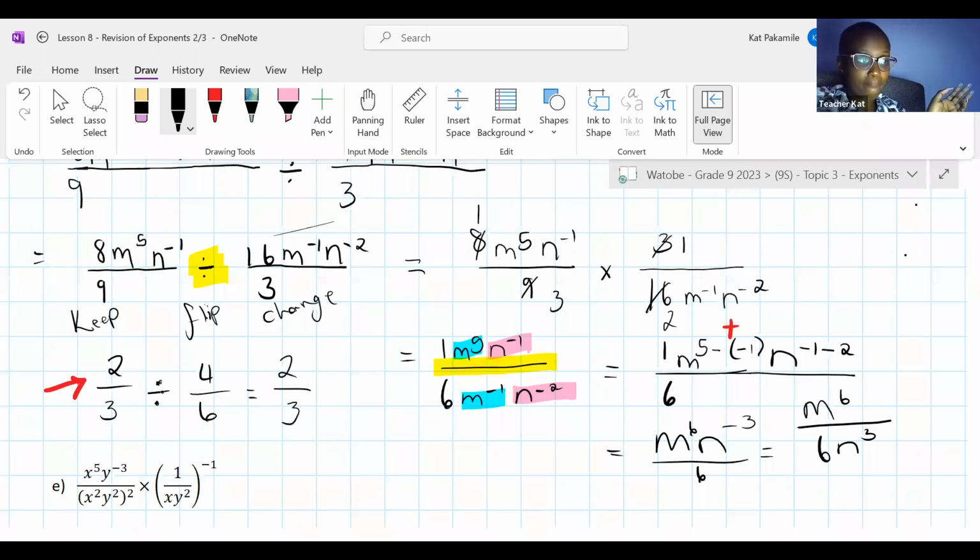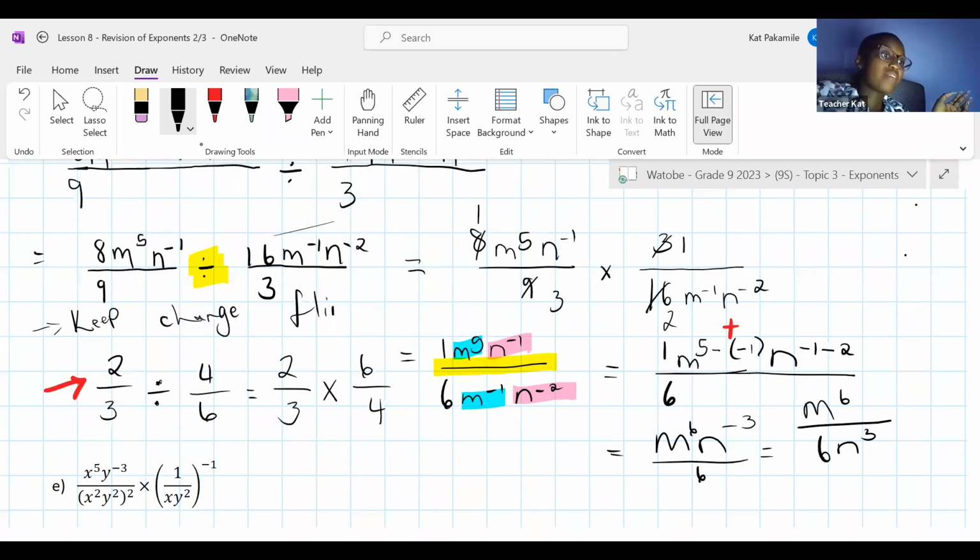Keep it the same, okay? We change this to a multiply, and we flip this to 6/4. So change this and flip that. Your second fraction flips around. So they swap. Do you see that?